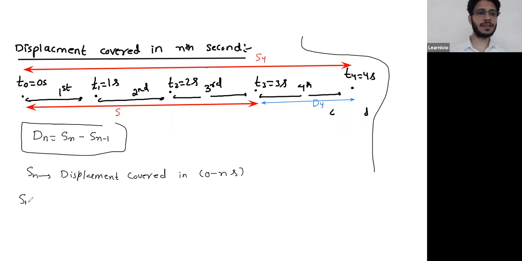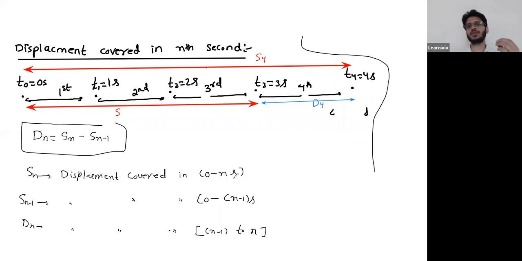If I say Sn minus 1, then the time interval is 0 to n minus 1. And this dn is displacement covered in n minus 1 to n seconds.